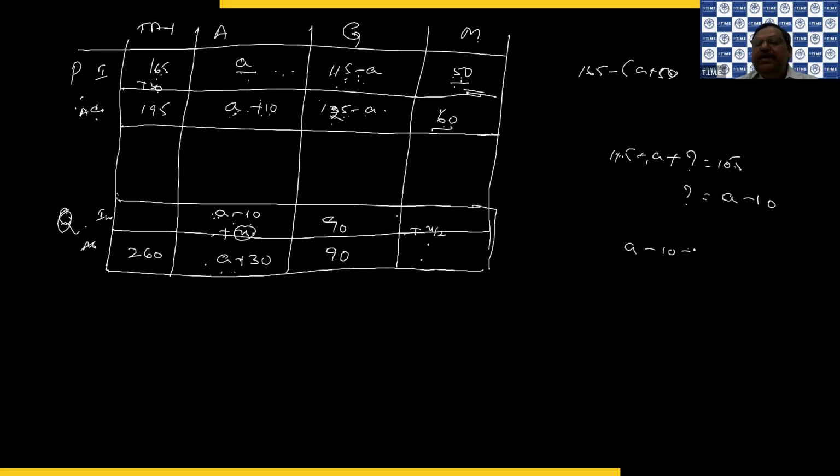A gets cancelled, minus 10 goes to the other side, plus 10. Otherwise also, minus 10 becoming 30 means you are adding 40. If you're adding 40 here, friends, then you will be adding 20. Done? Okay. So there is one more thing to figure out, please. Look at this.